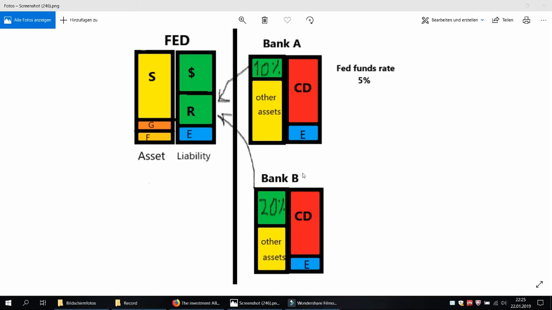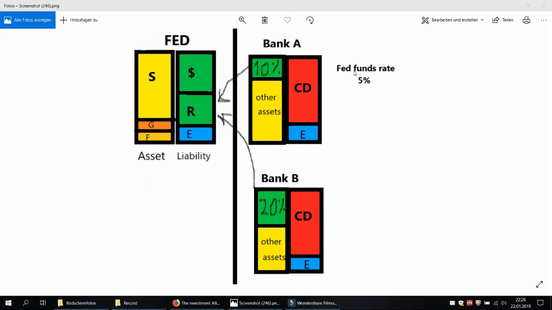The two banks can agree on the interest rate freely, but it has to be lower than the discount rate of the Fed. Otherwise, Bank A would borrow from the Fed and not Bank B. Say in our example, the two banks agree on an interest rate of 5%.